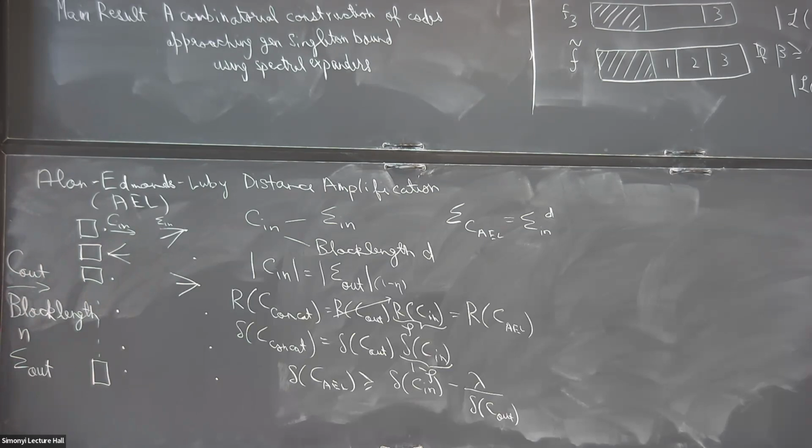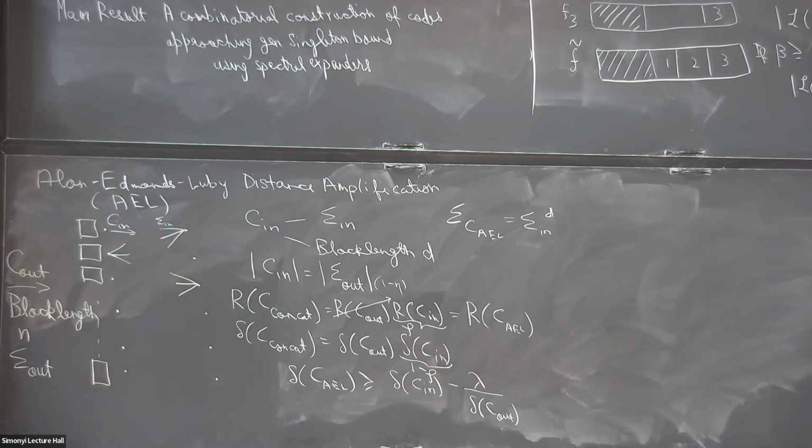Shashank, the way I should think of this is like the C_in is a subset of sigma_in to the D. So now, instead of having one sort of symbol of C_in, you've allowed it to be sigma_in to the D, which lowers your rate, but the benefit is your distance goes up by quite a bit. No, the rate will not be lowered by a little bit, right? You mean at the folding step? No, just like the whole thing.